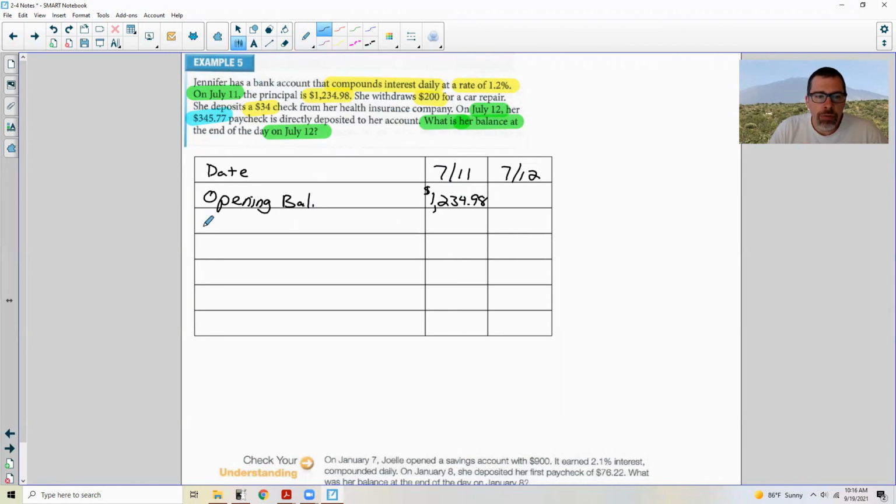Okay. And then what else happened on the 11th? A withdrawal and a deposit. So let's do the deposit first. Remember that depositing is adding to your account. And she deposited a $34 check. Okay. Withdraw.